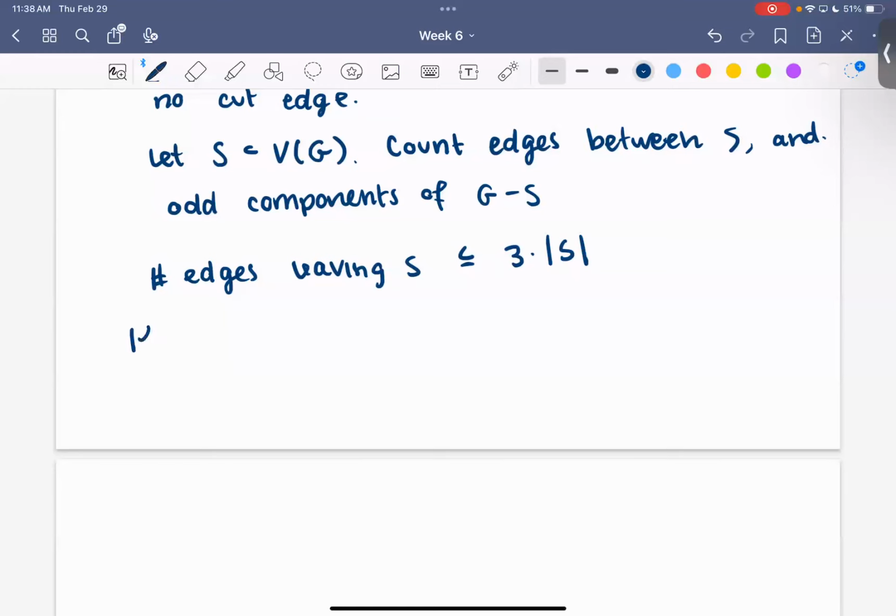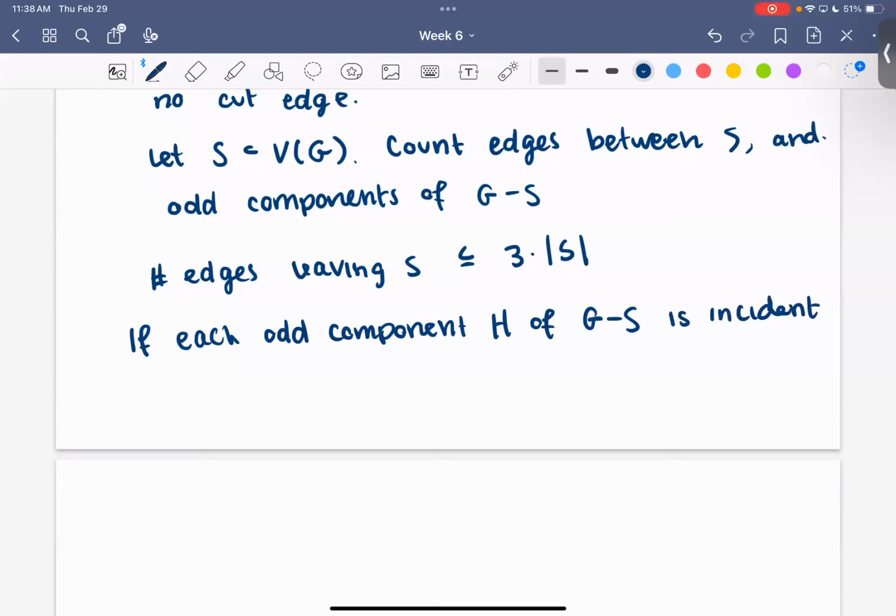I'll just write down the statement. So if it happens that each odd component H of G minus S is incident to at least 3 edges, three of these edges coming out of S, so I'll just say at least 3 of these edges.